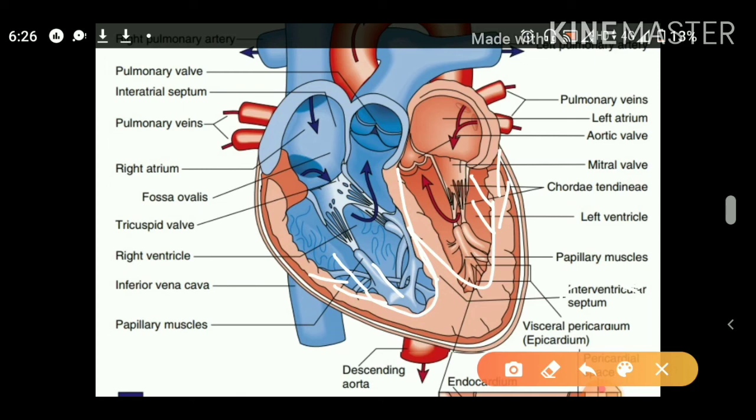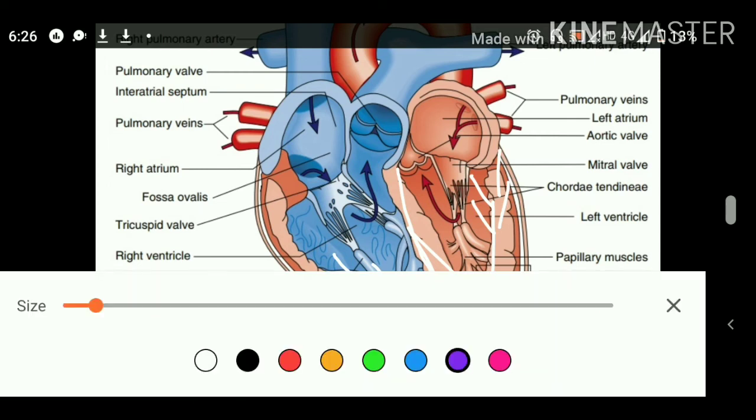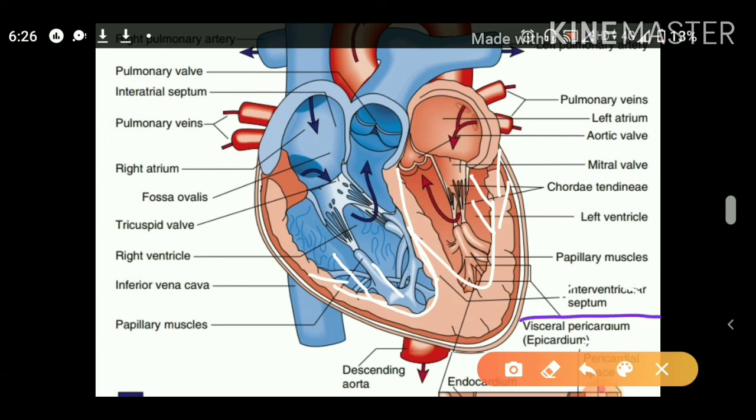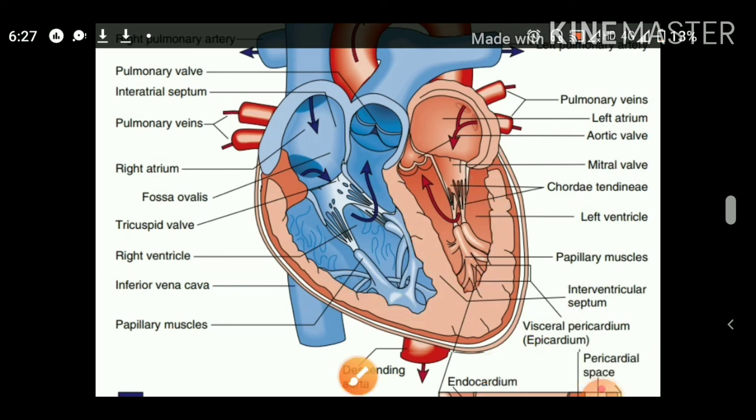Heart is surrounded by a layer that is called pericardium. Pericardium is a layer around heart. Besides it, there are three layers from which heart is basically made up of. Most of the muscles of the heart are cardiac muscles.